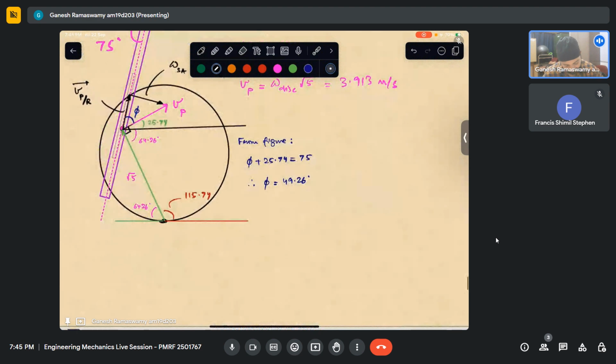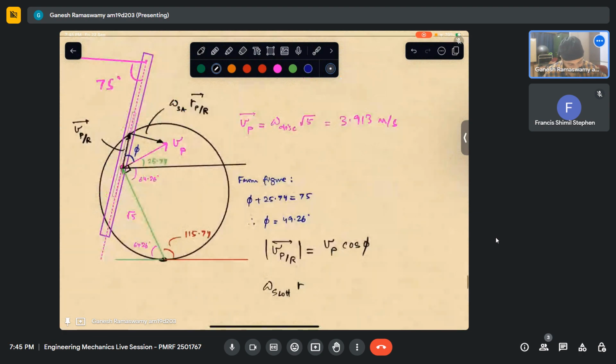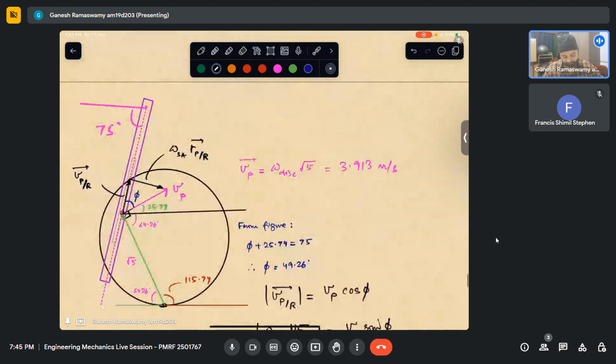From the figure, the vector's magnitude is Vp cos phi, and omega of the slotted arm into r_t is Vp sin phi.